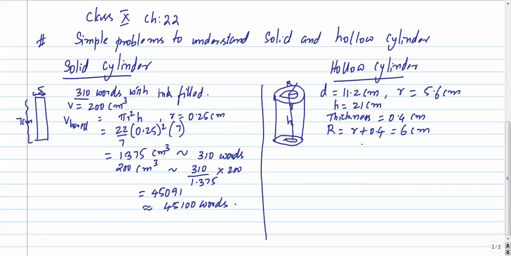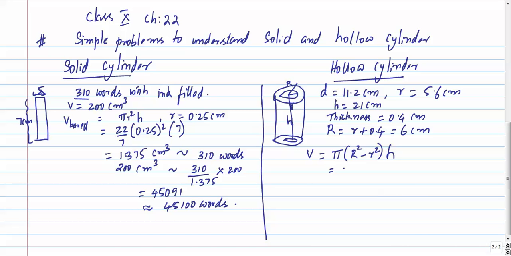Now what is asked in the question is calculate the volume of the metal in the tube correct to one place of decimal. Now we know that the volume would be pi times R square minus r square times h. Why is it so? Because this is the thickness and it is hollow inside. So the effective area would be pi times R square minus r square into h.